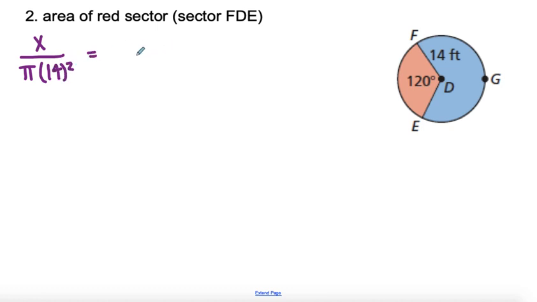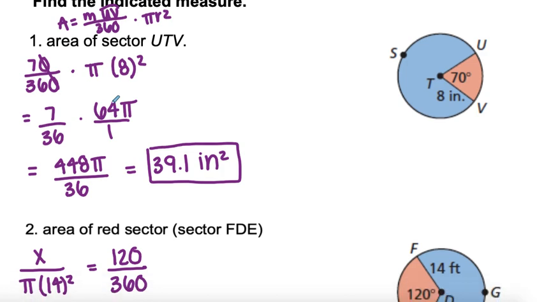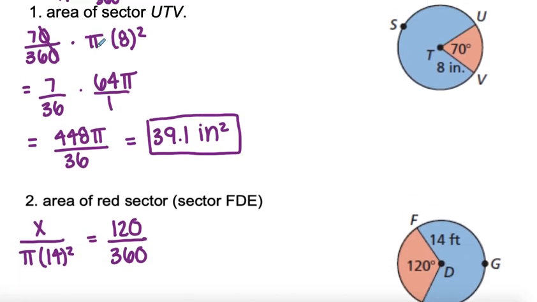And it's going to equal the measure of that arc. So here, that's going to be 120 over 360. So it's just like this top one, but instead I want to have the area underneath what I'm finding.